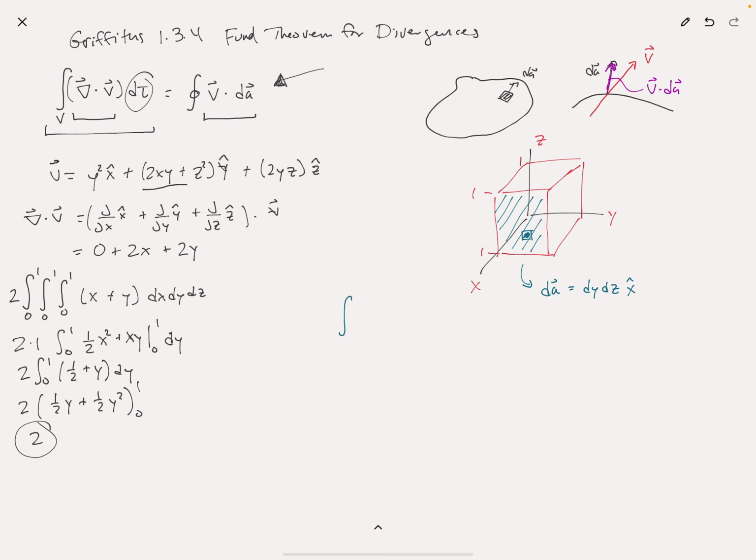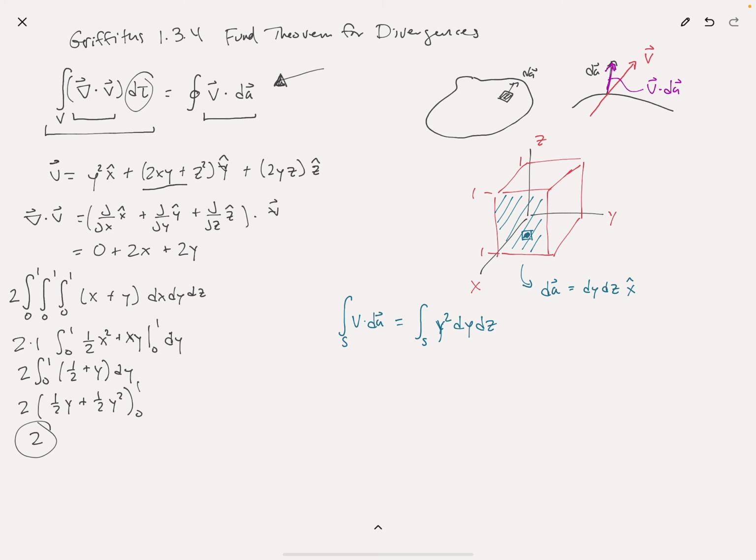So I take this integral of v dot dA for this patch. This x hat component picks up the y squared, and we're left with this surface integral over y squared dy dz. Now we have to figure out what our bounds are here.